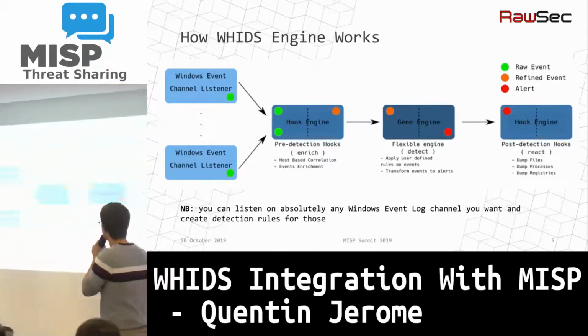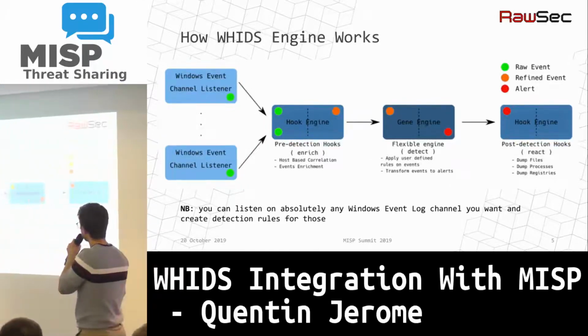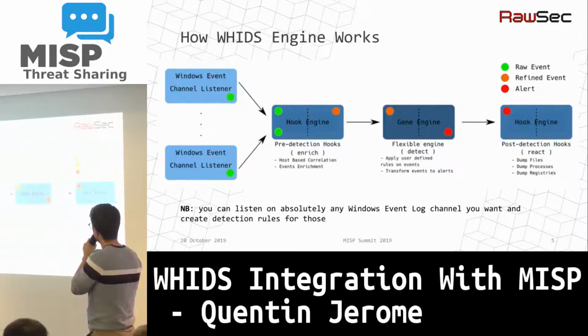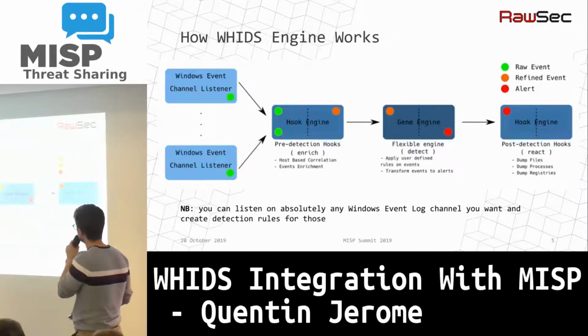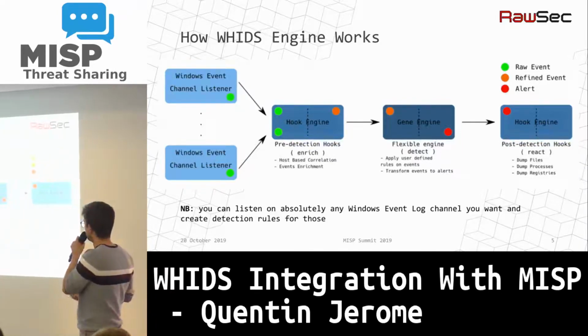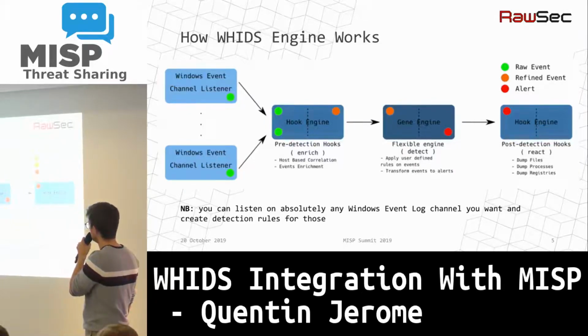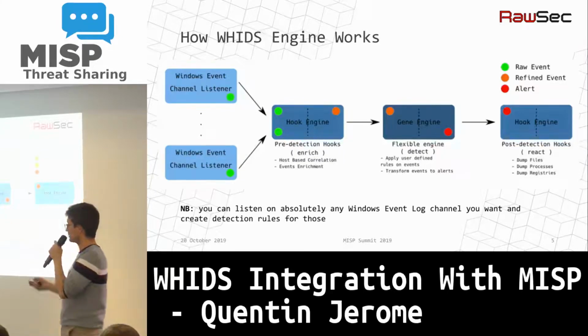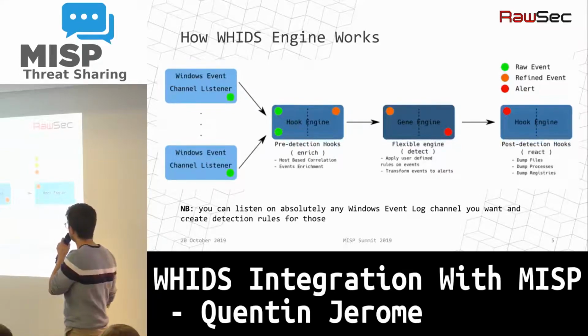So how it works: you can listen on any Windows channel, and then those events go to the hook engine. The hook engine is the first, pre-detection hook, which does the correlation. It can take several events and correlate them to create an enriched event.